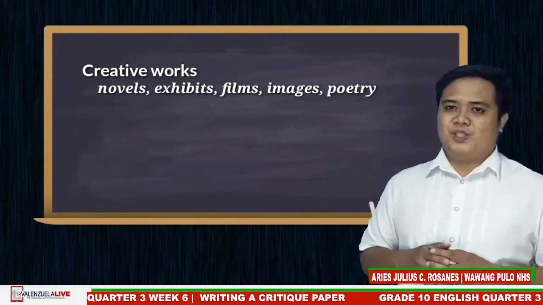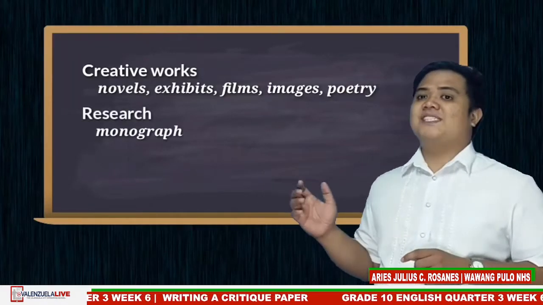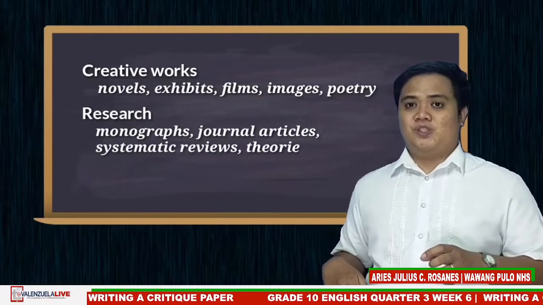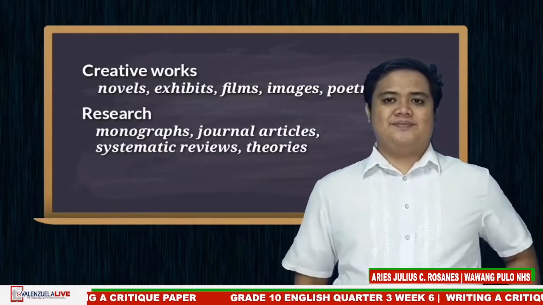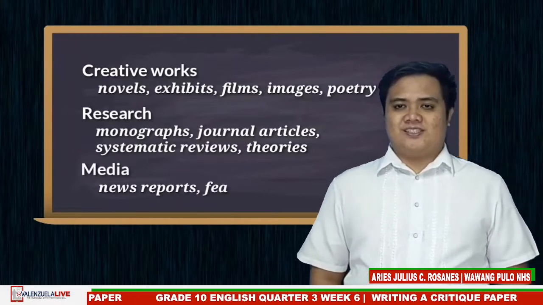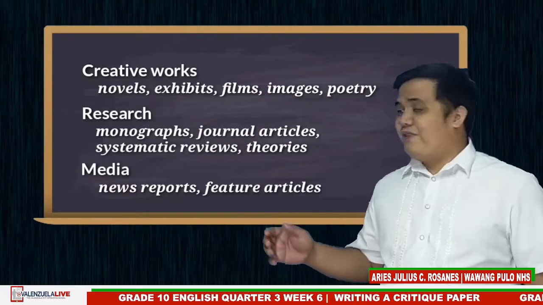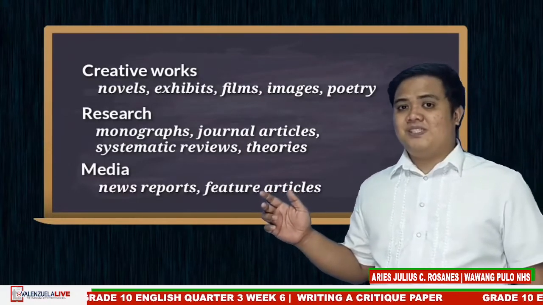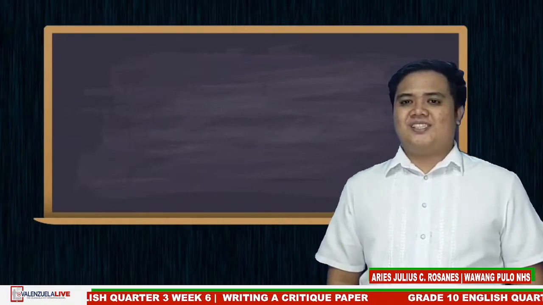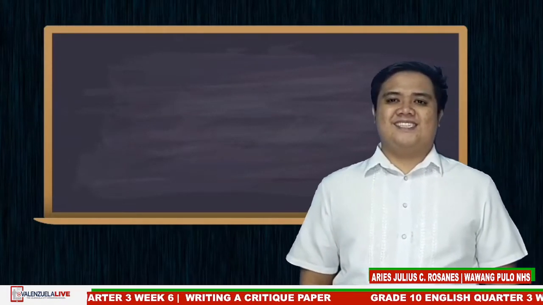Some examples of research are monographs, journal articles, systematic reviews, and theories. Media include news reports and feature articles. Are you familiar with all these examples? That is great! Let us continue discussing what a critic paper is.